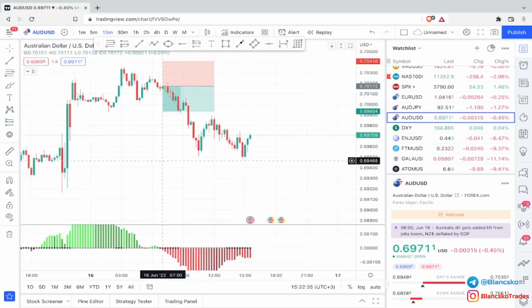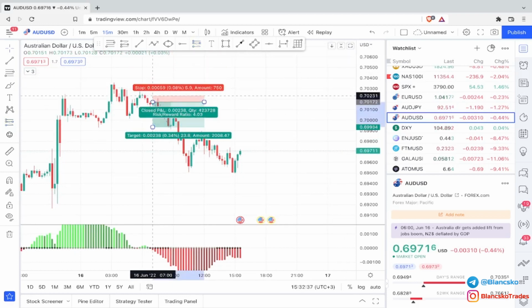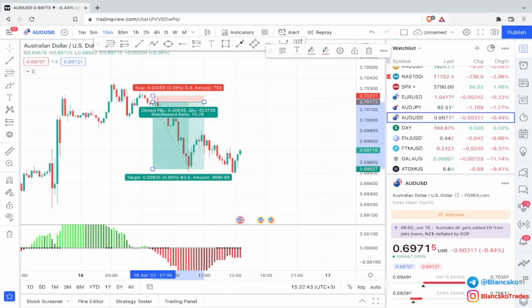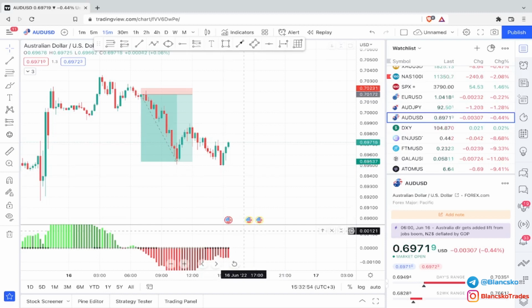So we would have entered a sell right here, and as we said, we don't use a stop loss. But now you might ask, well, where do we exit? Okay, so we exit once the squeeze momentum indicator prints a blue bar, a green bar, sorry.